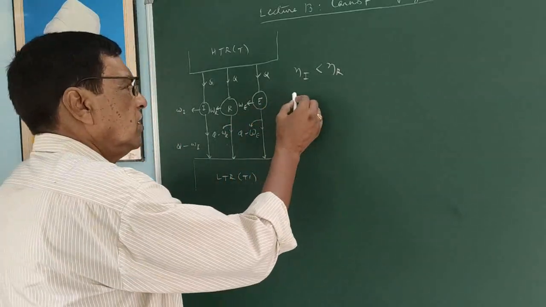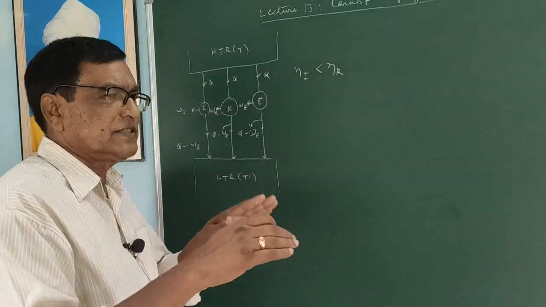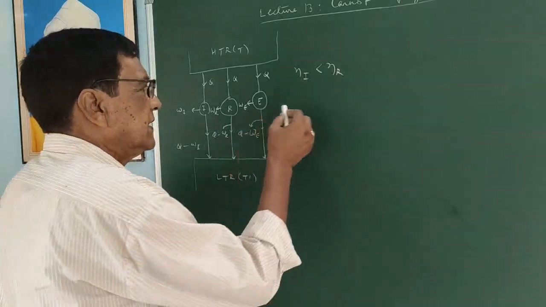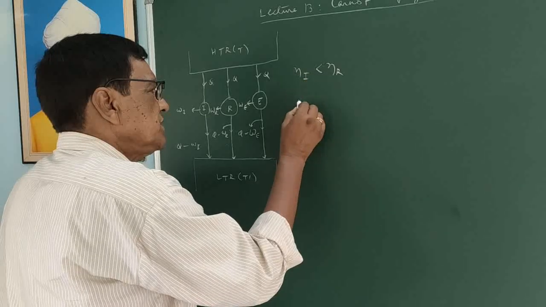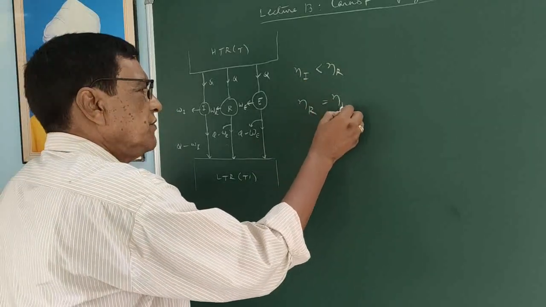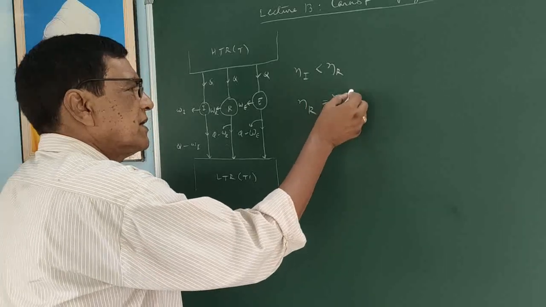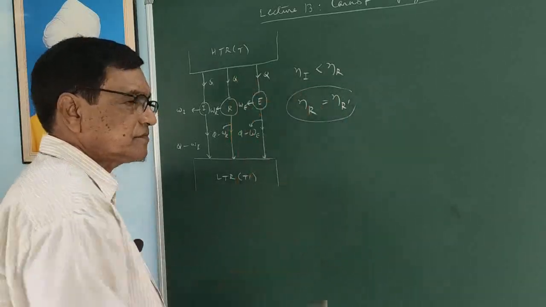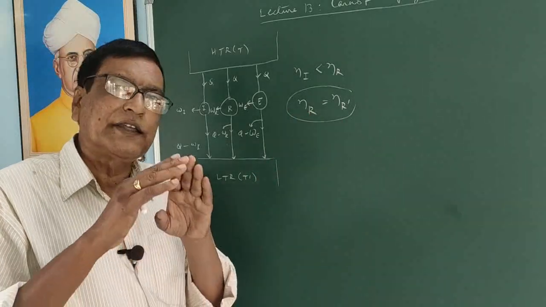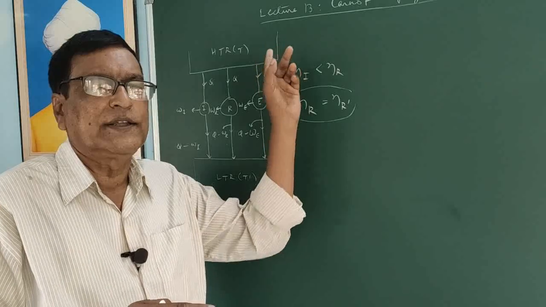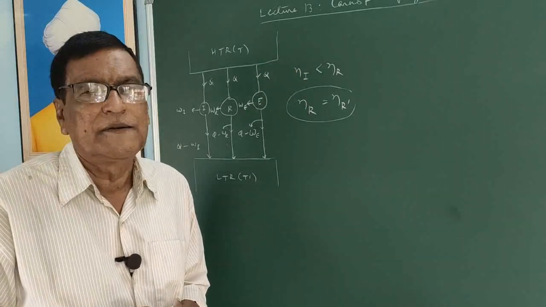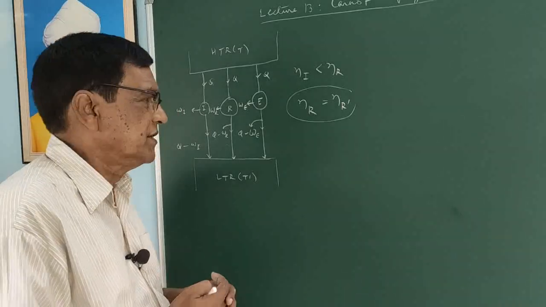And if we take two reversible engines, then the efficiency of one reversible engine is equal to the efficiency of the other. That is the second theorem: all reversible engines are equally efficient working between these two definite thermal reservoirs.